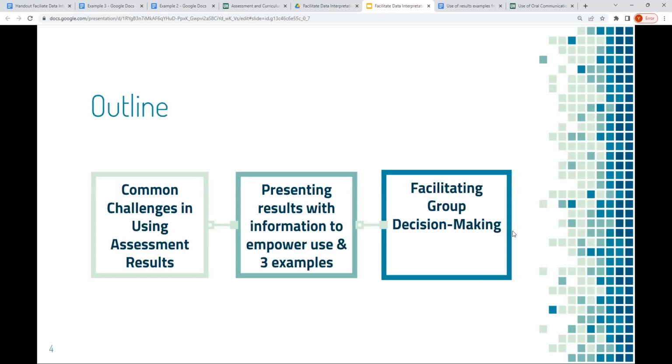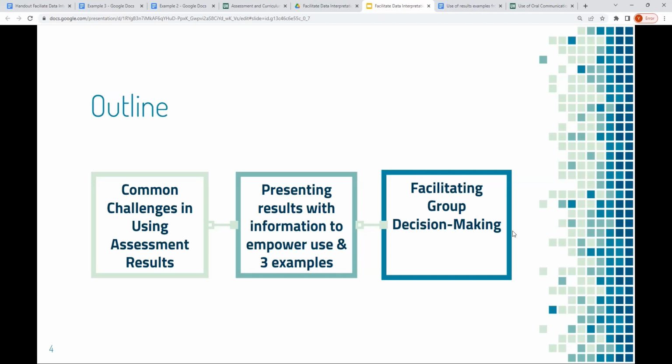I have 3 major content areas to cover. First, we're going to briefly talk about common challenges, like why faculty are not acting upon assessment results or any assessment processes. Sometimes we don't even need to have the results to be able to act. But what are some of the common challenges in not acting? I provide 2 solutions. Rather, those are a package of solutions. They are the 2 sides of one coin.